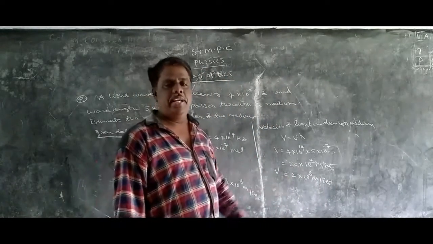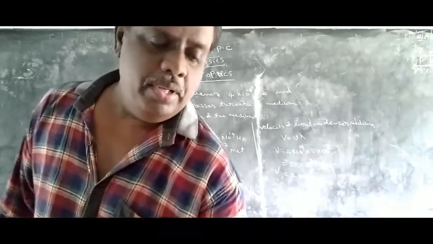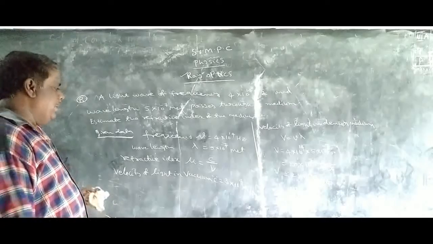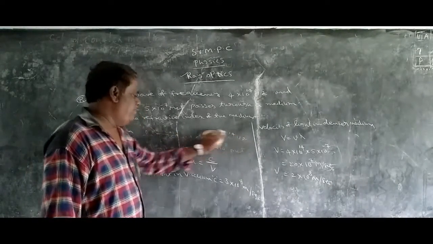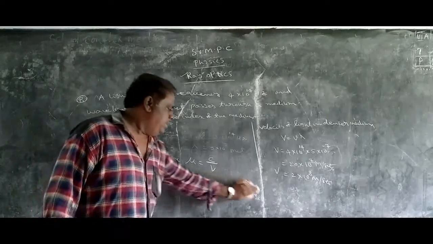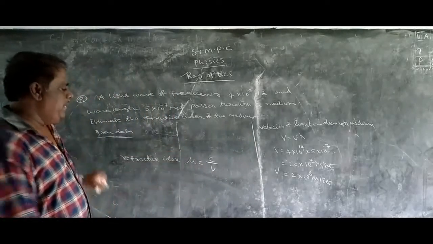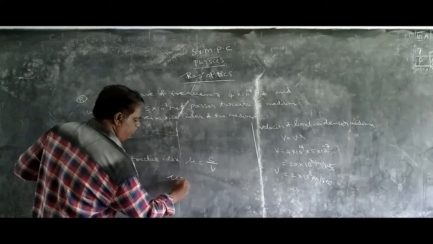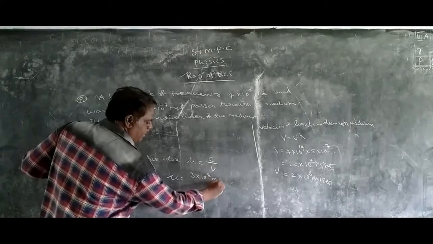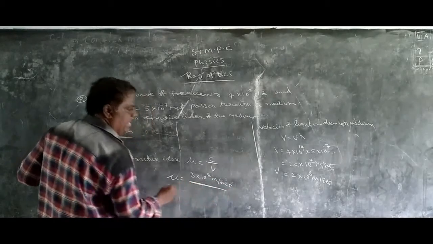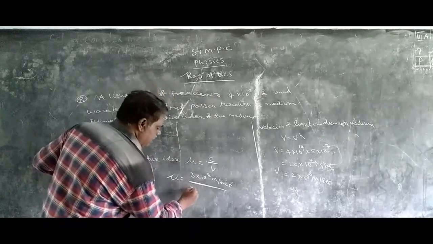What is the V value here? Velocity of light in denser medium. So then we can calculate the mu value. Mu is equal to C by V. C value is 3 into 10 power 8 meter per second. V value we have calculated, 2 into 10 power 8 meter per second.